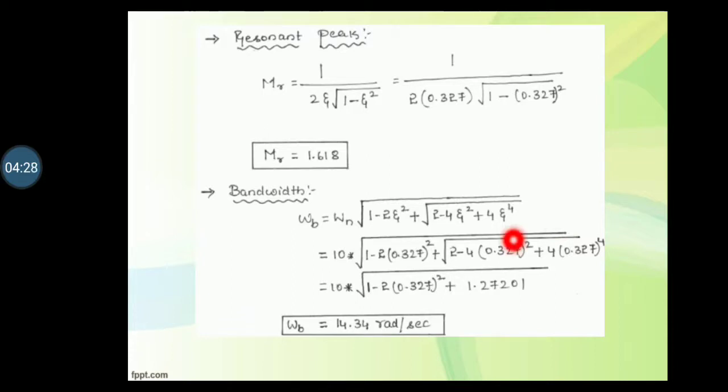So when we find the value, we get bandwidth ωB equal to 4.34 radians per second. You can see here.